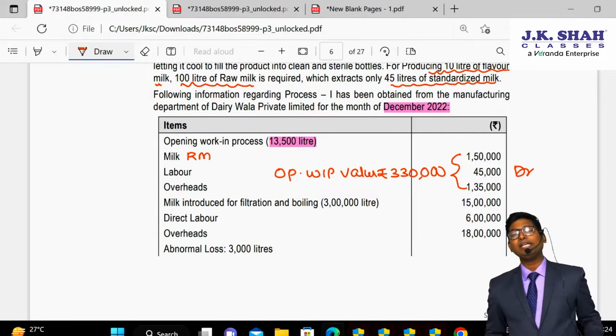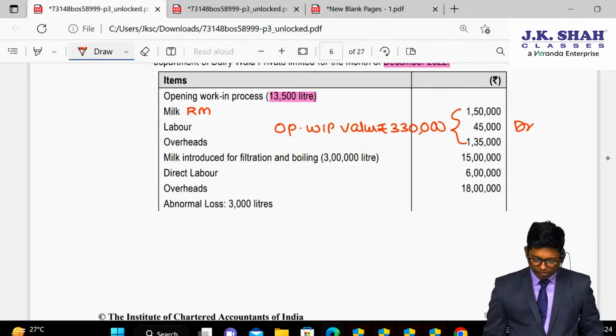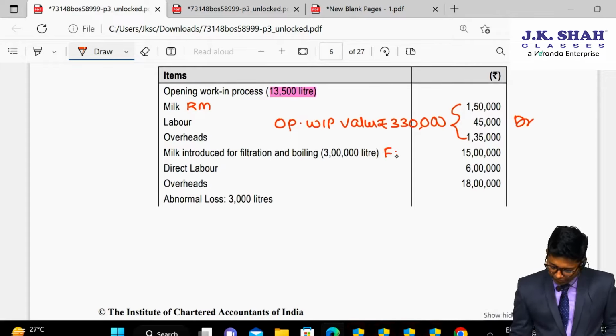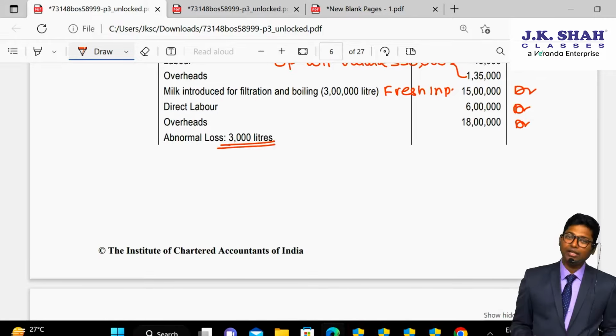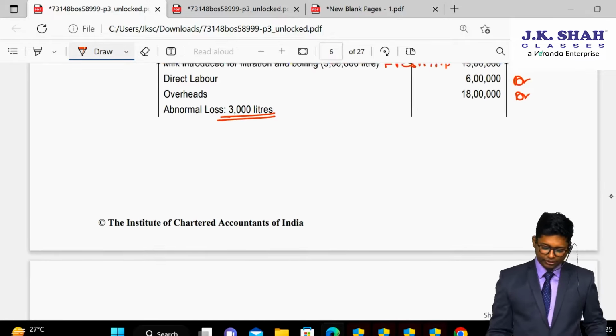But if you check here, the degree of completion for opening WIP is not available with us till now. Milk introduced is fresh input, and fresh input is also to be recorded on the debit side. Direct labor debit side, overhead debit side. Abnormal loss is directly given in this question. We need not compute any abnormal loss by preparing any kind of working.